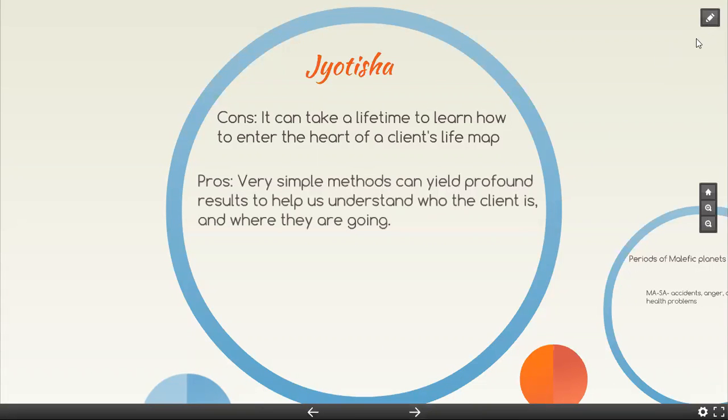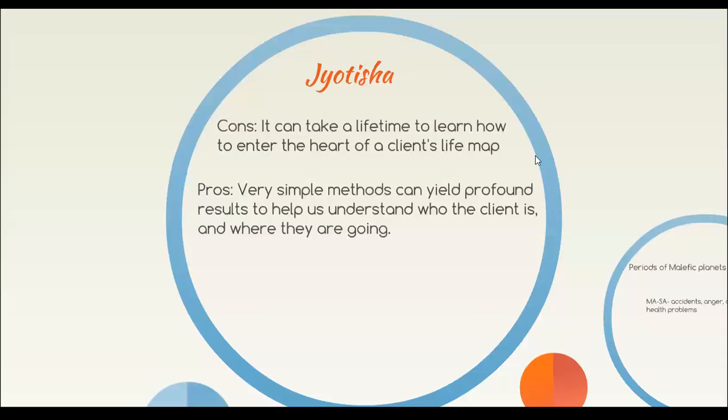The pros are certainly abundant as well. And among the pros is that with very simple methods, you can get a deep insight into a person's life. You have Saturn in your first house. Oh, life for you begins after 40. Why? Well, Saturn is the planet of time, of delay, of old age.